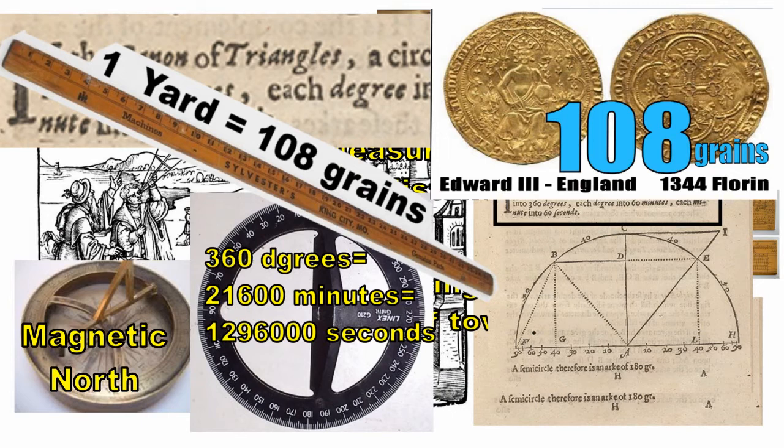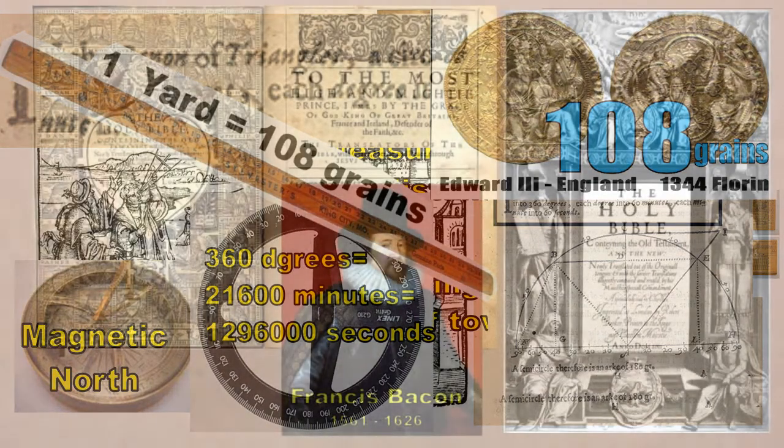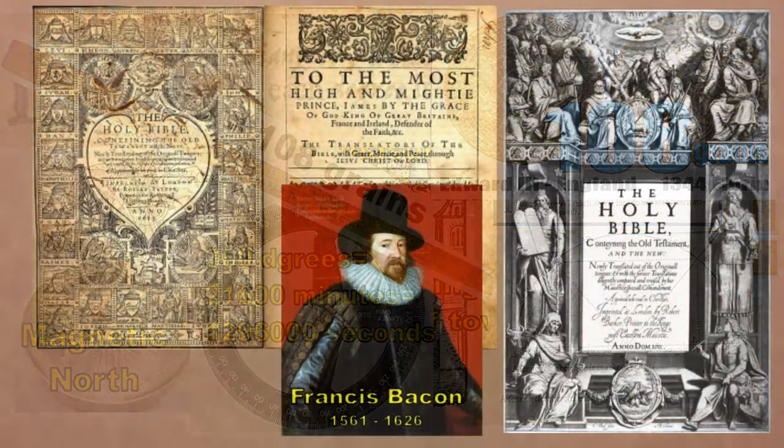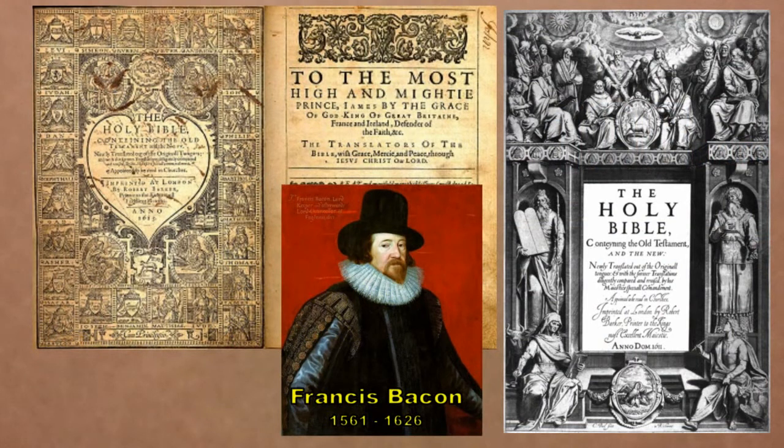And in an earlier episode, the 1 yard long cross staff of 1 yard, 108 grains in the florin. Again, this was already established before Edmund Gunter came along, and so what people like Edmund Gunter and Francis Bacon really did is solidify it and put it in an attainable form.